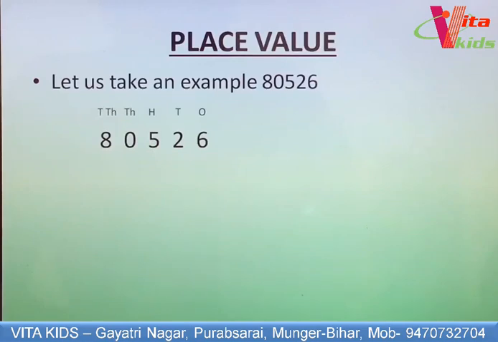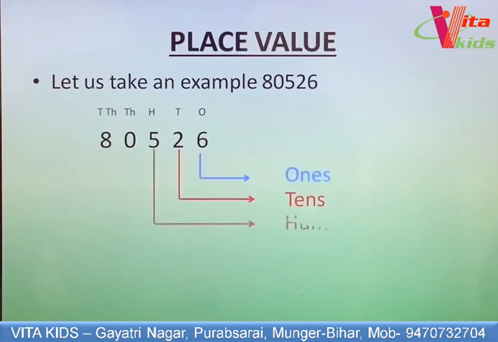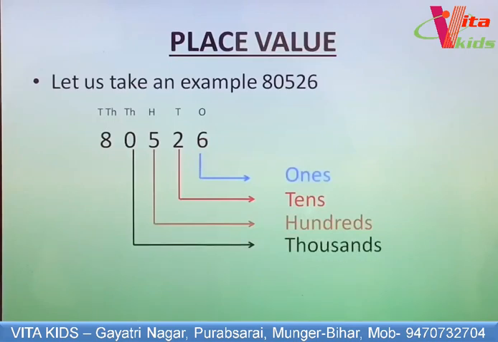So here I have written ones, tens, hundreds, thousand, 10,000 on top of this. 6 is in the ones place. 2 is in the tens place. 5 is in the hundreds place. 0 in the thousands place. And 8 in the 10,000 place.